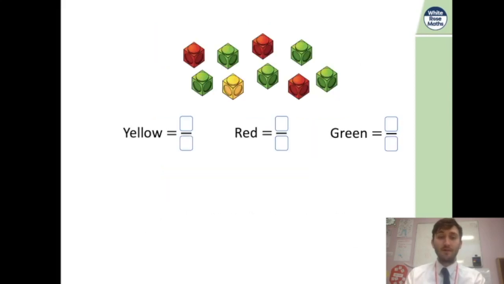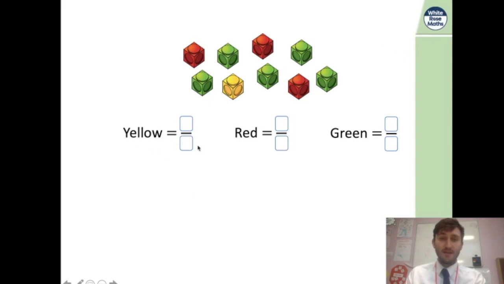So now we've got another problem here. Remember, my denominator is how many there are, and my numerator is how many specifically there is. Pause the video and have a go at filling out how many yellows, how many reds, and how many greens in part of our fractions. Okay, let's see. Firstly, yellow.